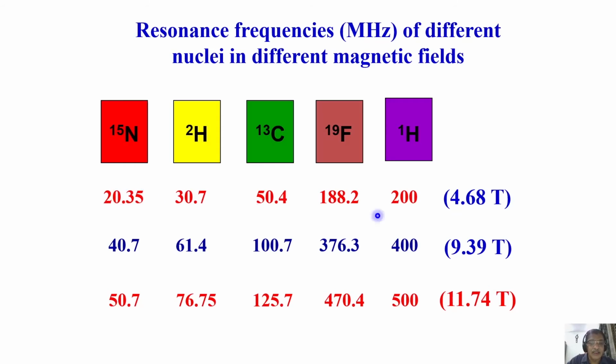Such nuclei at that frequency, if you want to detect, you get into other problems called acoustic ringing. When you have to detect low gamma nuclei, you get into what is called acoustic ringing. On the other hand, we can partially address many of such problems by going to higher and higher magnetic fields.